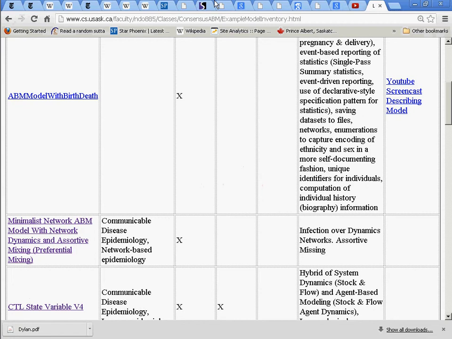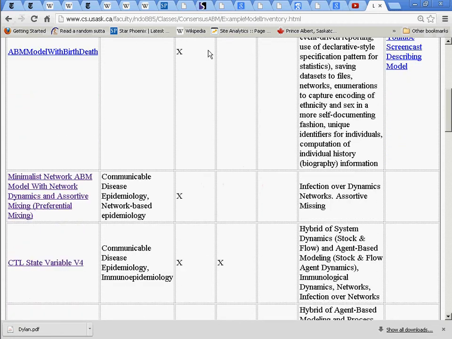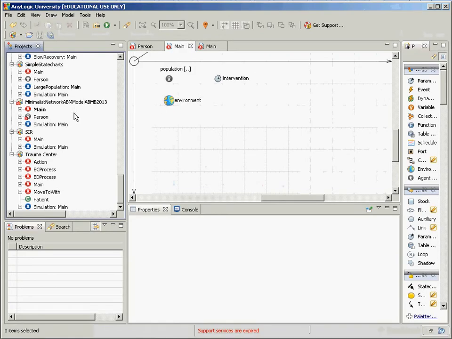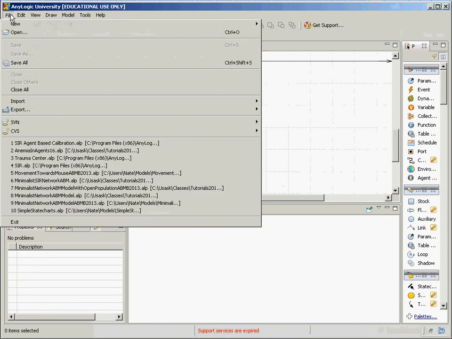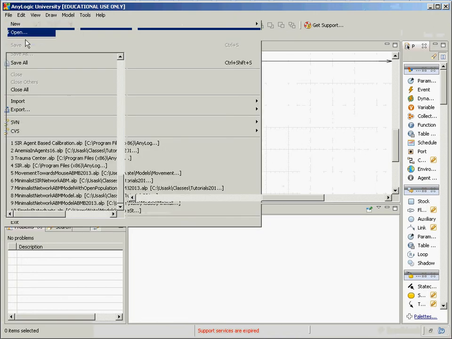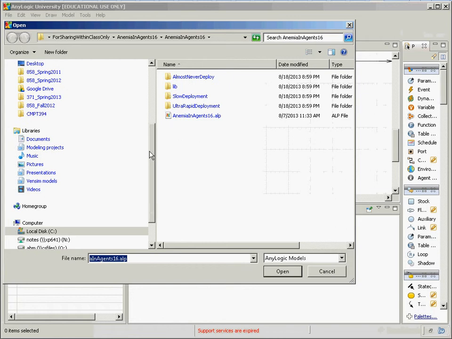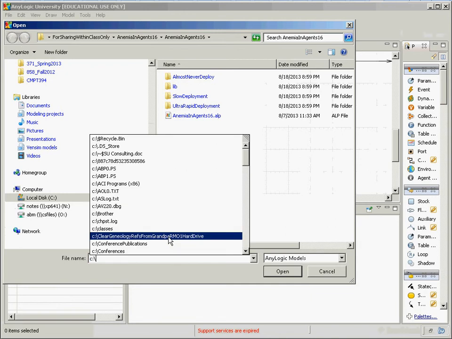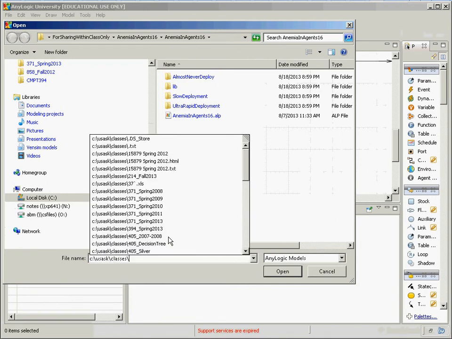So I'd like to highlight a couple of these. One thing I've mentioned several times during the boot camp, but where we haven't actually looked at a model that exhibits this, is this whole idea of describing agent dynamics in a multi-scale way, with agent dynamics evolving according to stocks and flows, potentially in addition to discrete elements like state charts and other components, and then having those agents in networks.